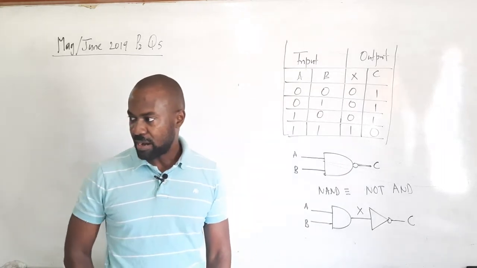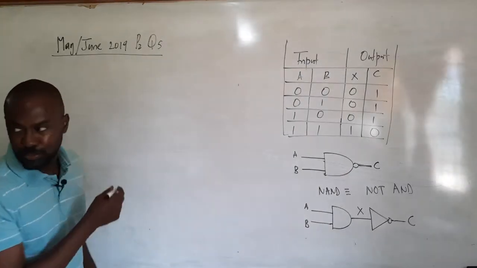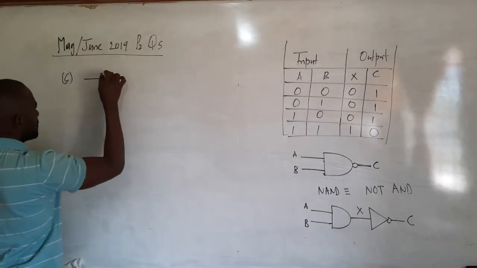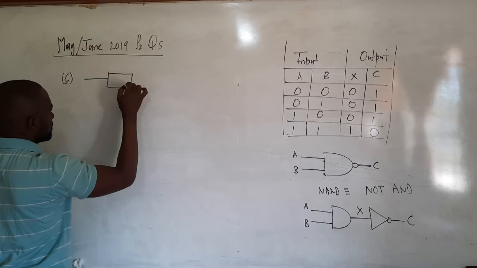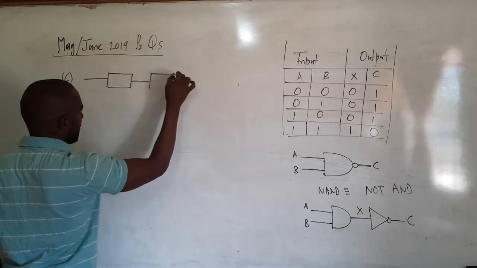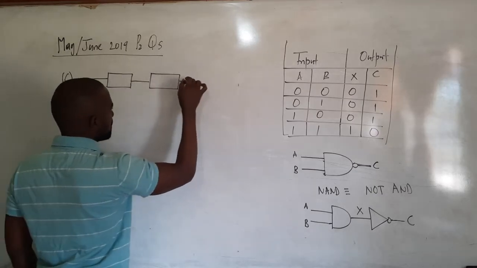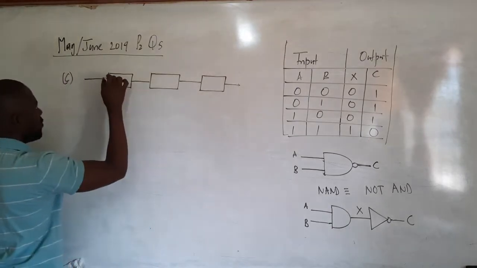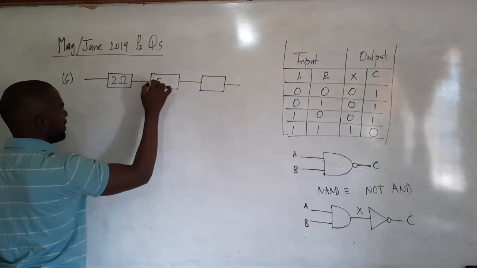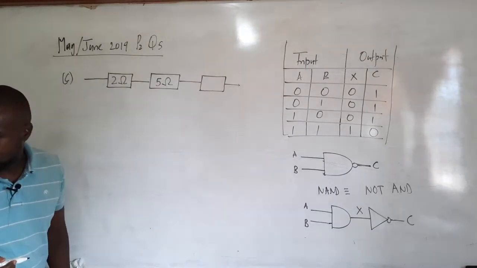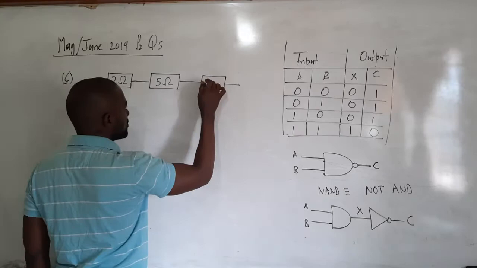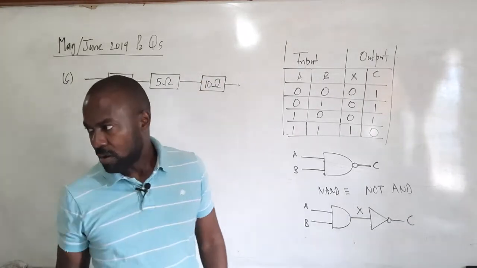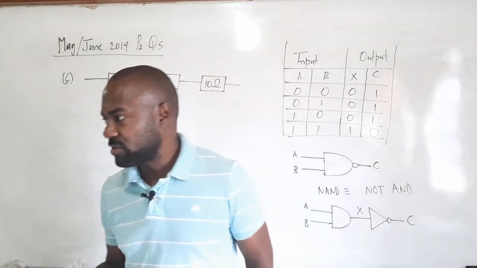Let's just represent the diagram. So we have a 2 ohm resistor, a 5 ohm resistor, and the third is a 10 ohm resistor. And we're asked to find the total resistance or the equivalent resistance of the resistors shown in the figure.